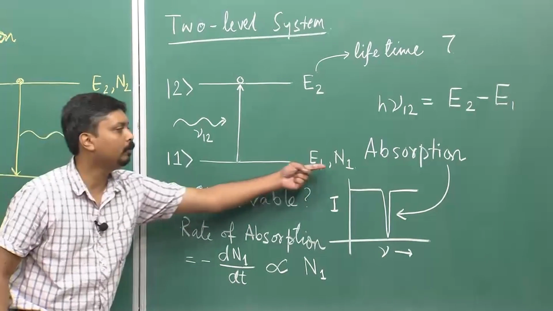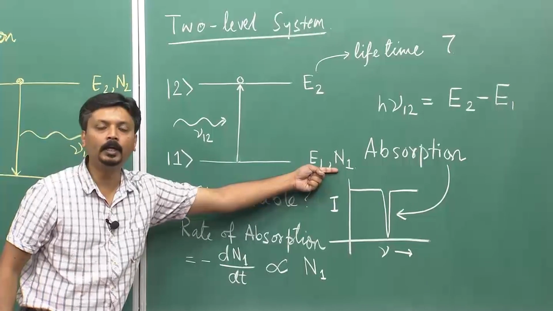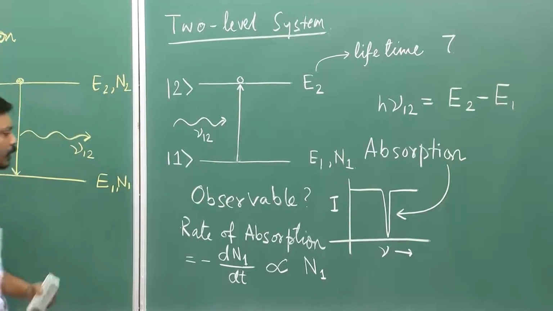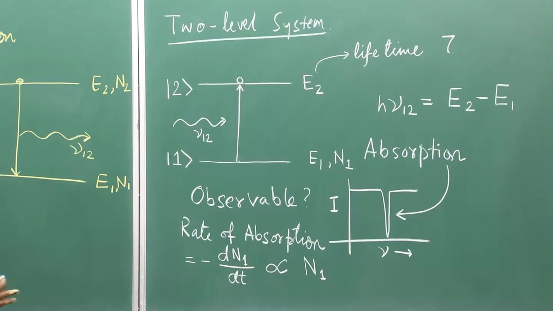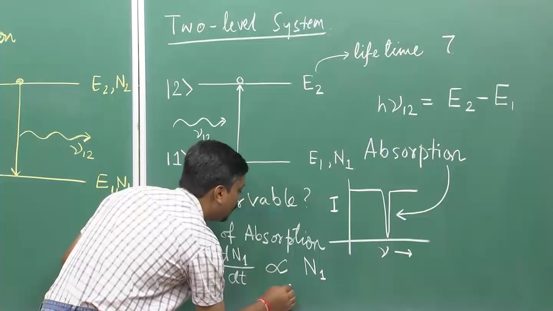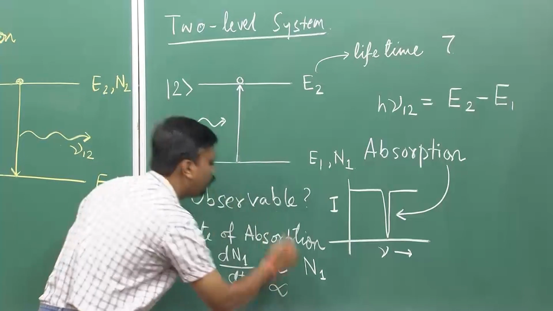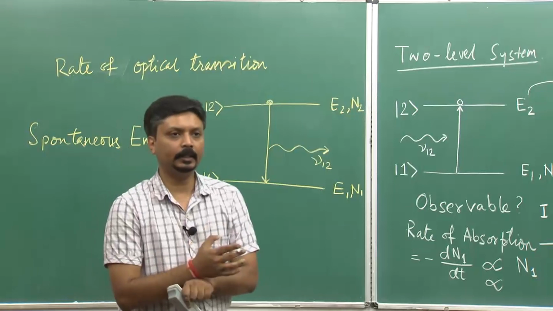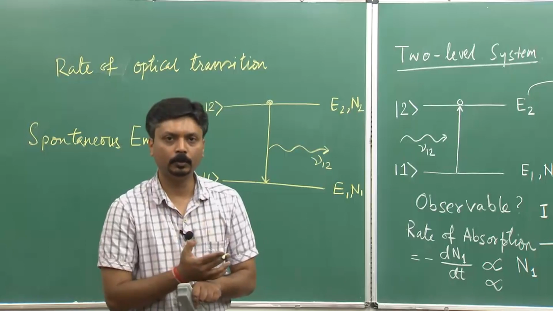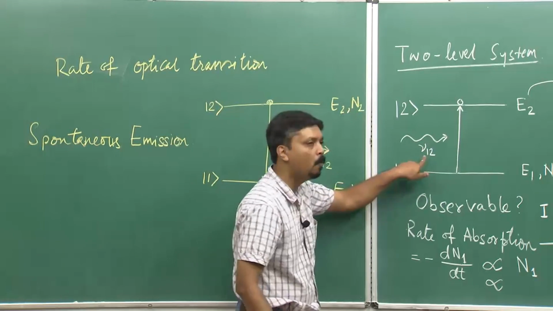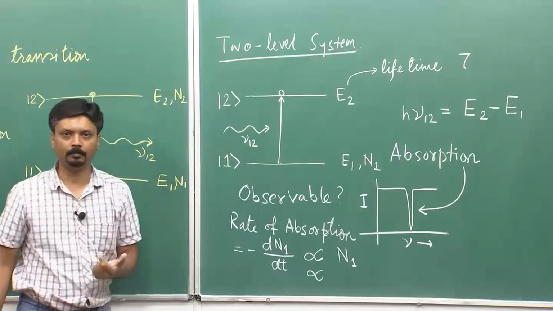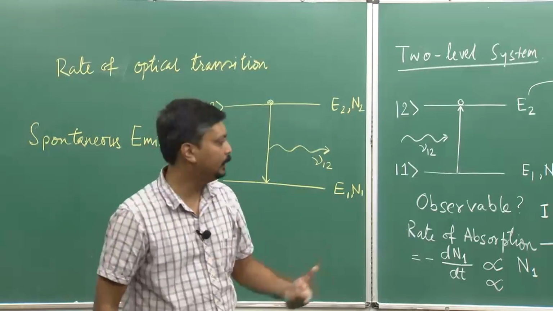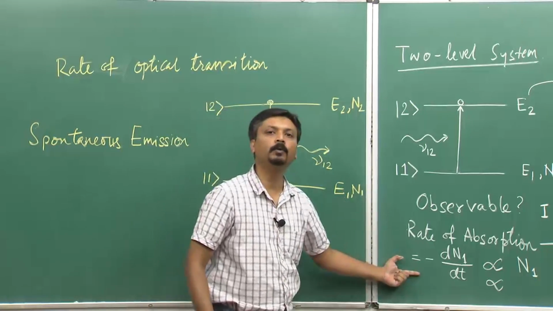The more atoms in that level, the more the optical transitions, so the rate will be more. And what will be the second thing that it can depend on? If you think about it, it will depend on the density of photons with energy nu 1 2 that is available. The more photons available to make this transition, the more the rate of transition will be.